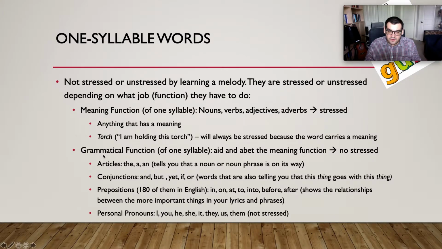The grammatical function type single syllable words are not stressed. Remember our example of the velvet black cloth and what goes on top of that cloth. The cloth is the grammatical function. They showcase the meaning function words.